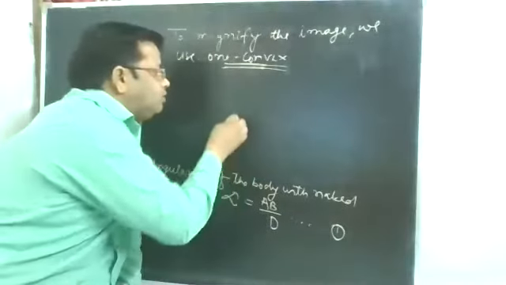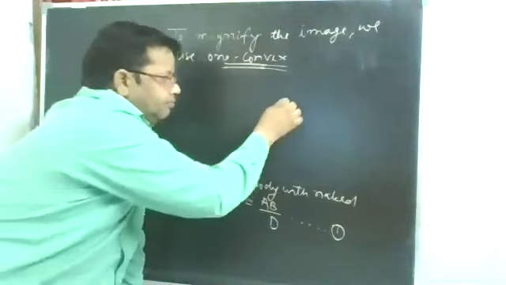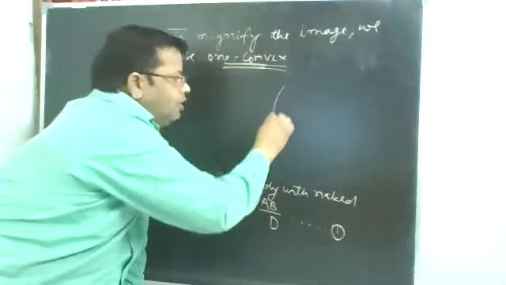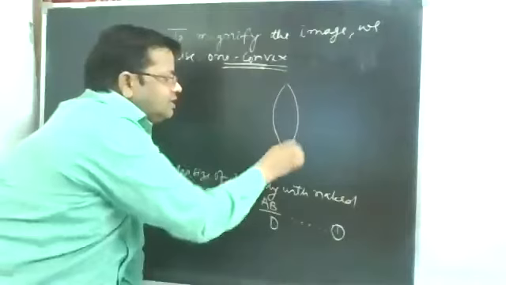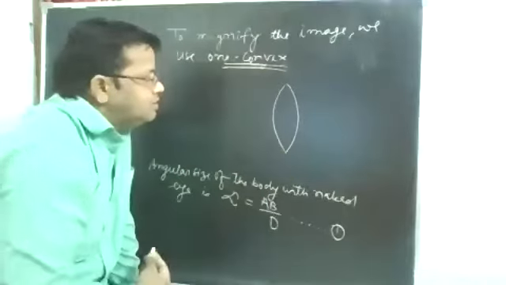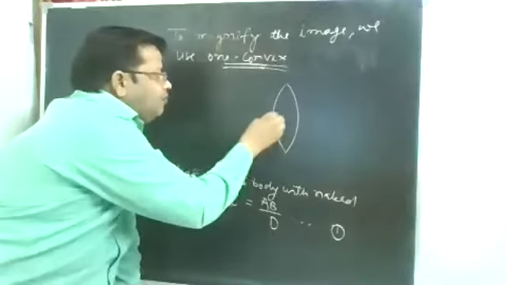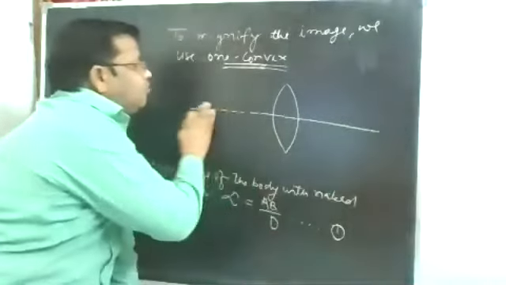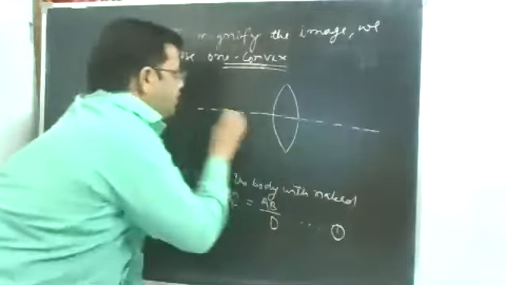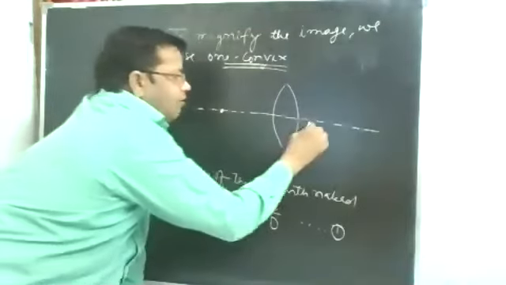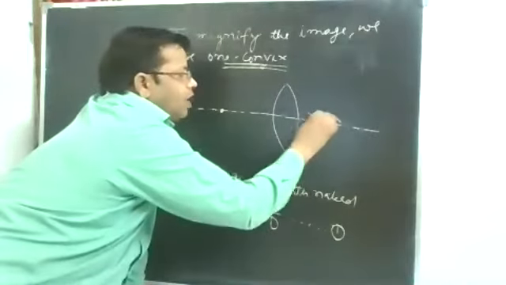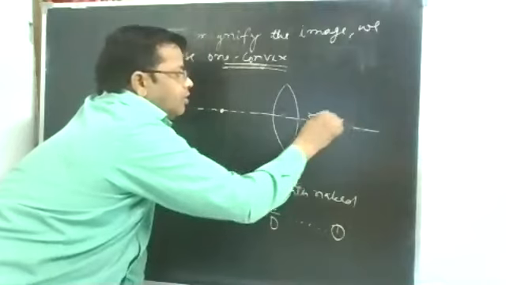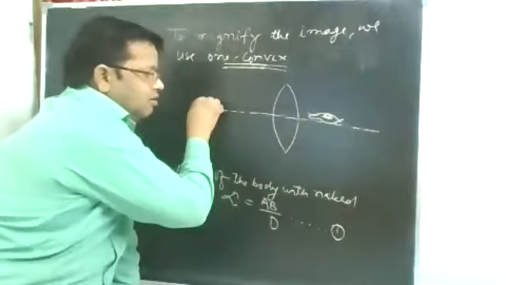We are placing a convex lens. This is known as a magnifying lens. If the focal length of this convex lens is Fe. Why Fe? Because from here we are observing the object, not directly.